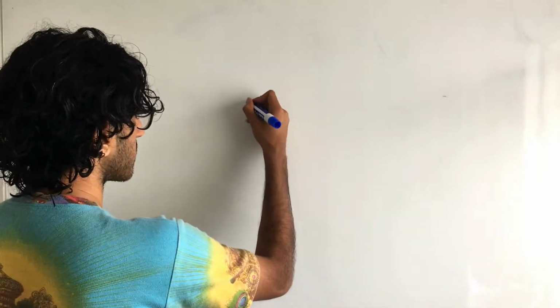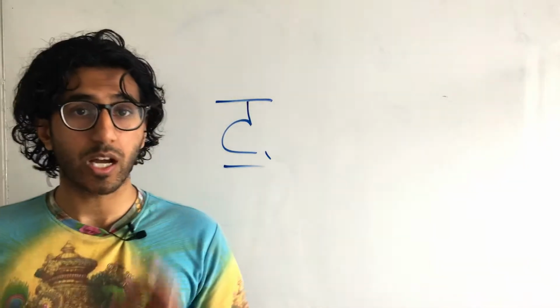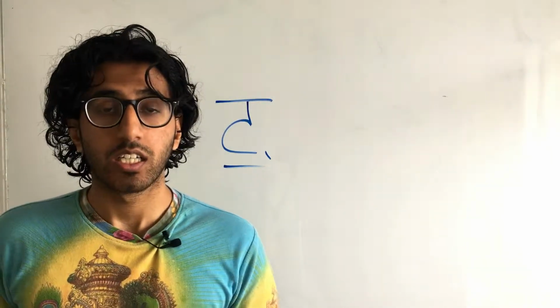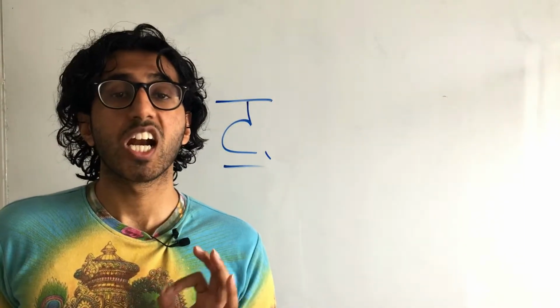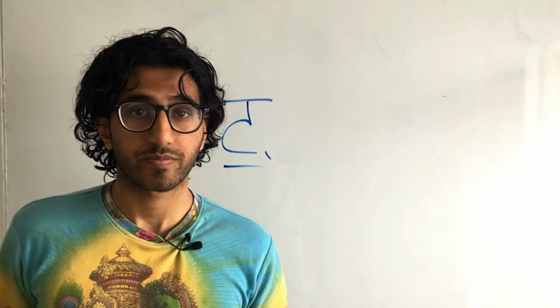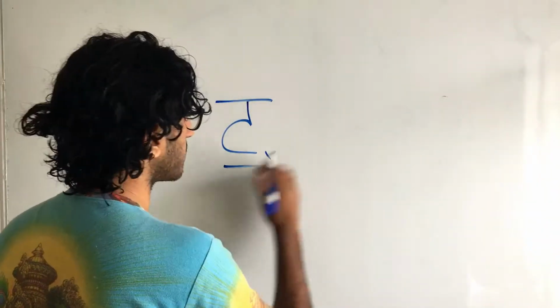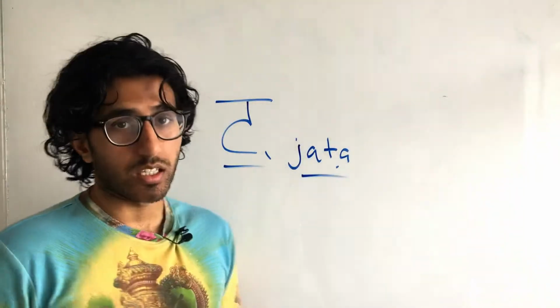To begin, we have the first consonant as this. This is pronounced as ta. You take your tongue and put it to the roof of the mouth and you say ta. A word for example here is jata.